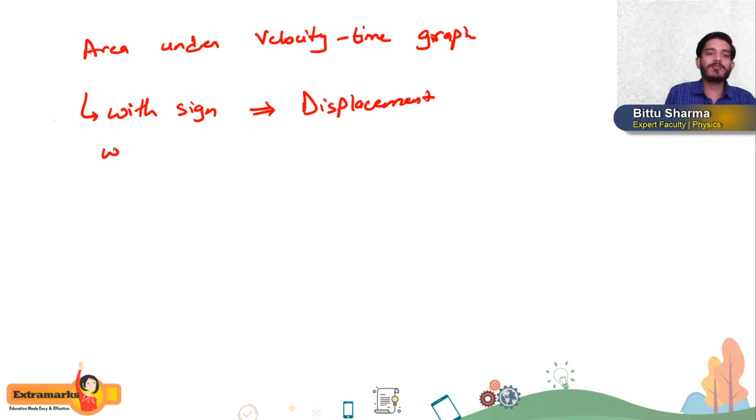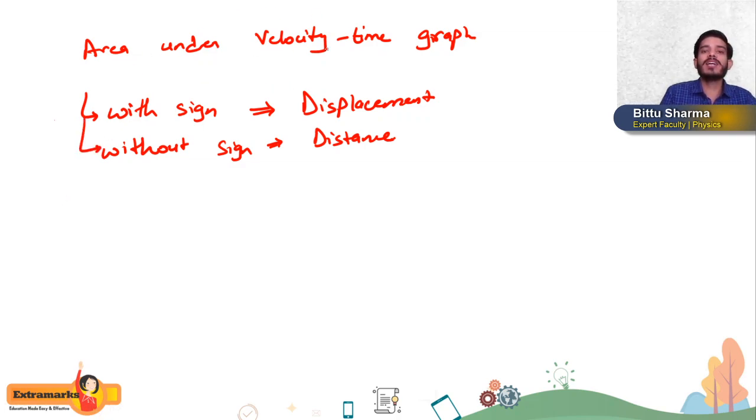If you calculate it without sign, then you will get distance. Each and every concept we will solve numericals also. So just try to understand this. Area under velocity time graph, with sign we get displacement, without sign we get distance.